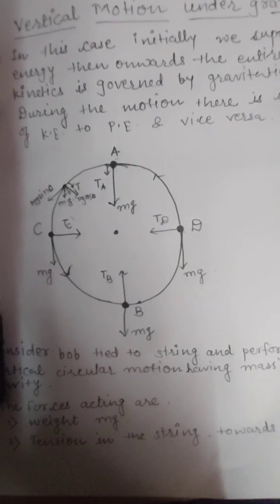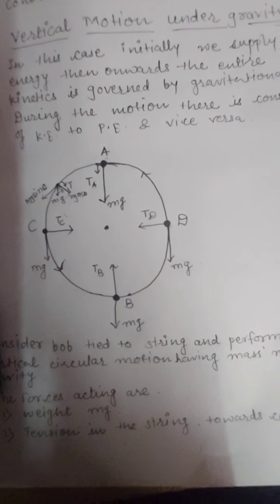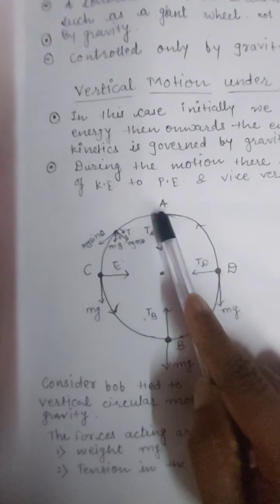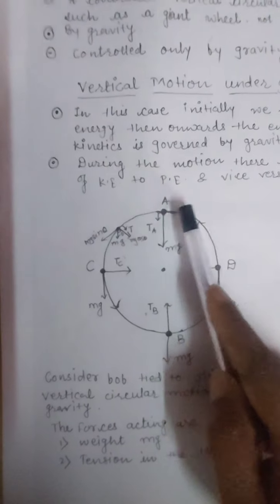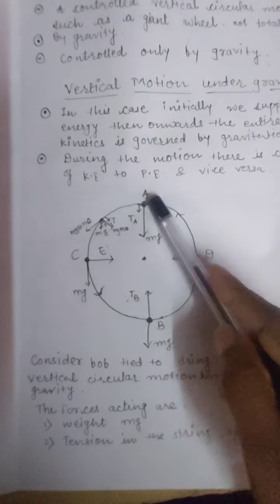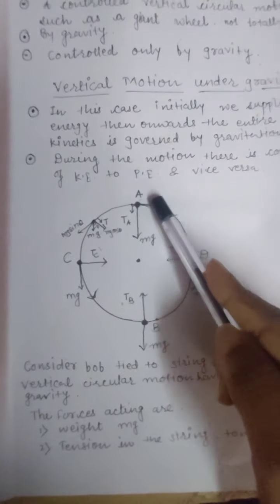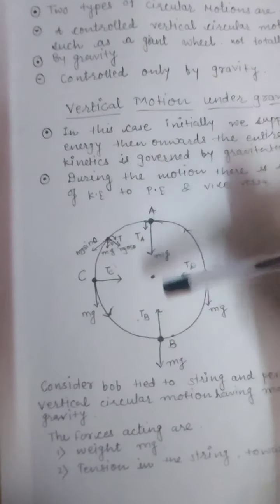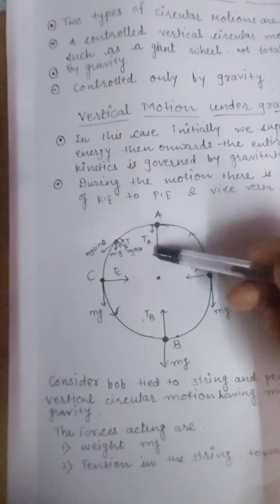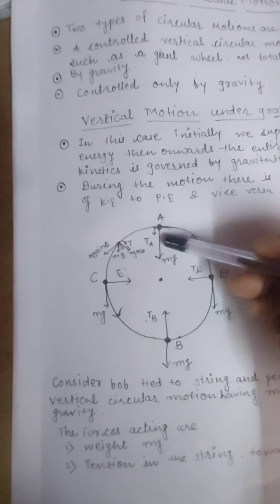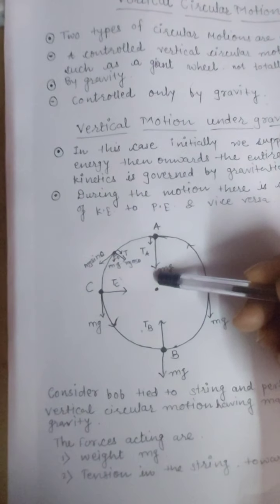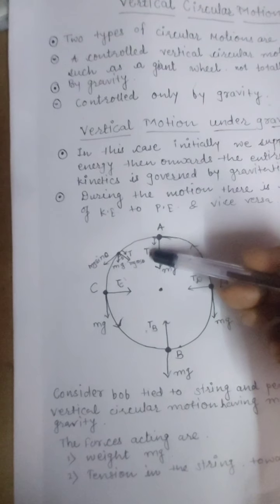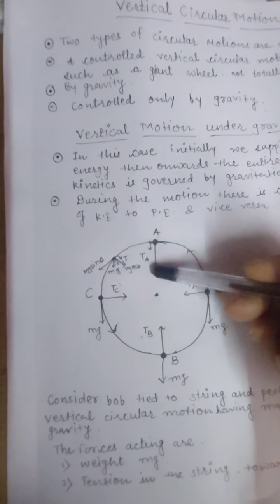We'll first consider the uppermost position. Suppose this is the position A. At the position A, its weight mg is acting towards the center, and at the same time the tension in the string is also acting towards the center.